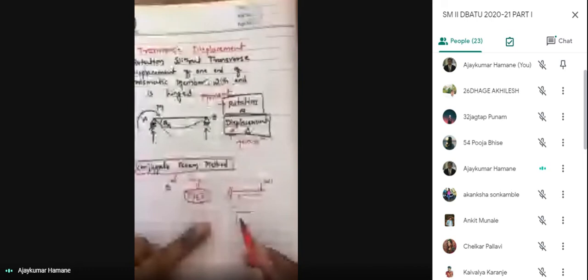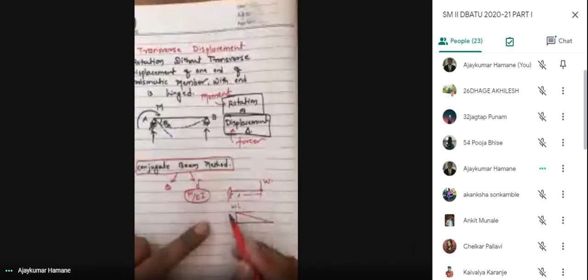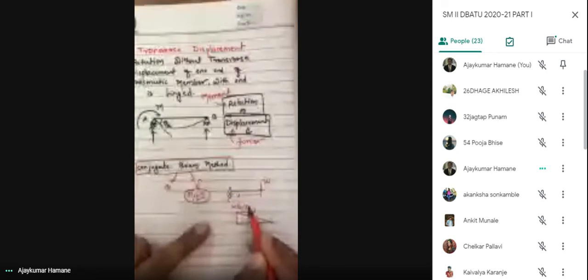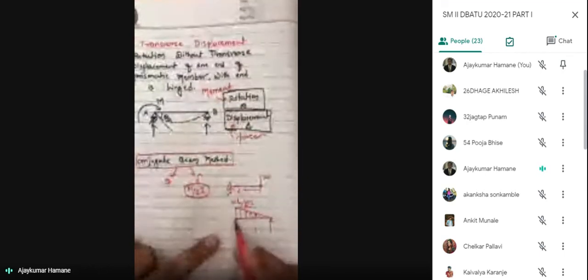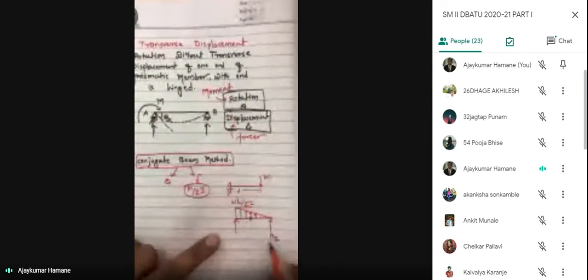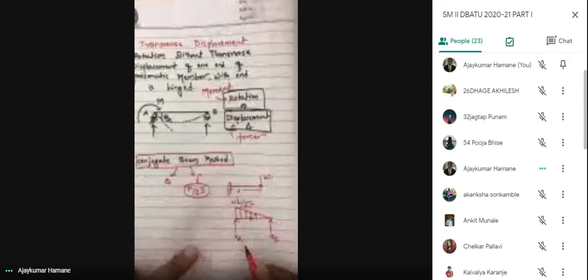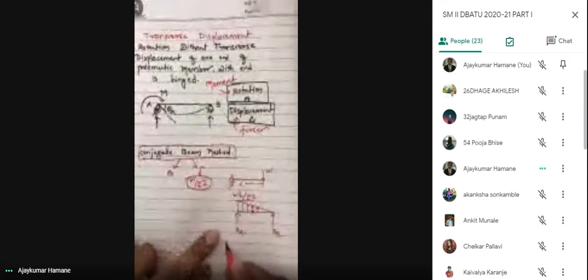That WL by EI is the loading, then we'll calculate the reactions. So what is the reaction here? These reactions RB and RA.